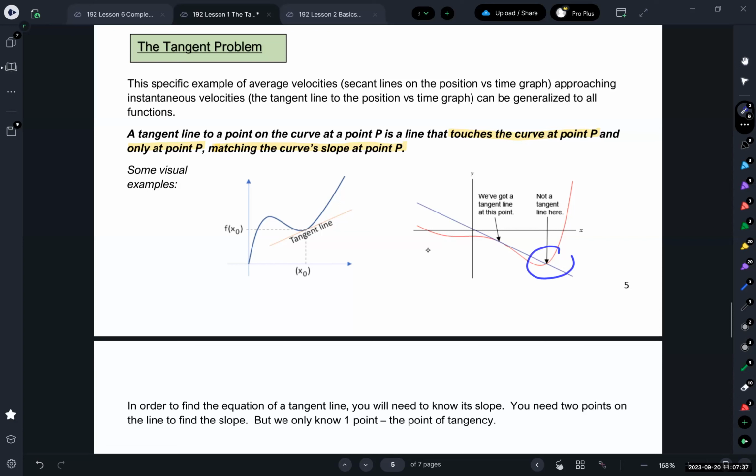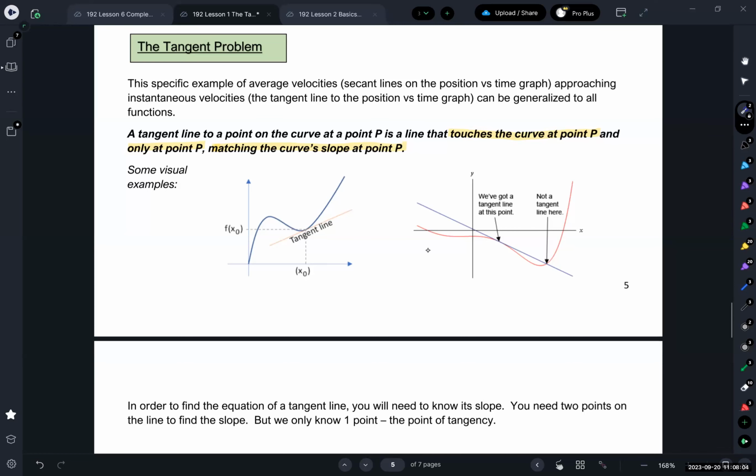But if you look at this other place here, this line continues and intersects the curve again in this spot. But at this spot, the curve is starting to go uphill, similar to what we had in the first picture, and this line has a downhill slope. So this is not considered a tangent line because it is not matching the curve's slope at that point.